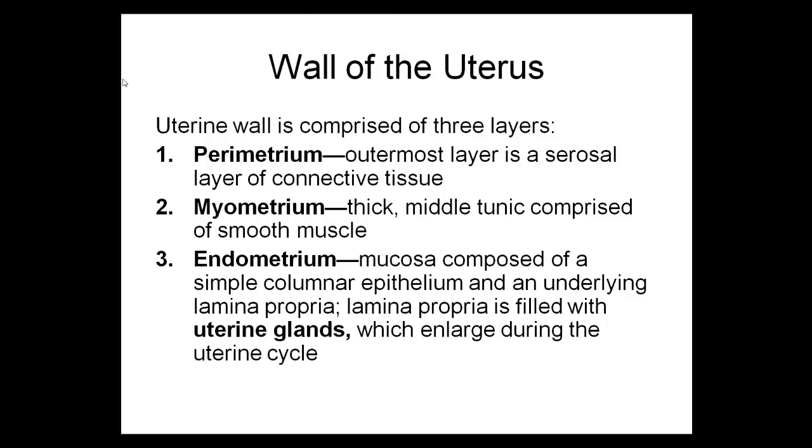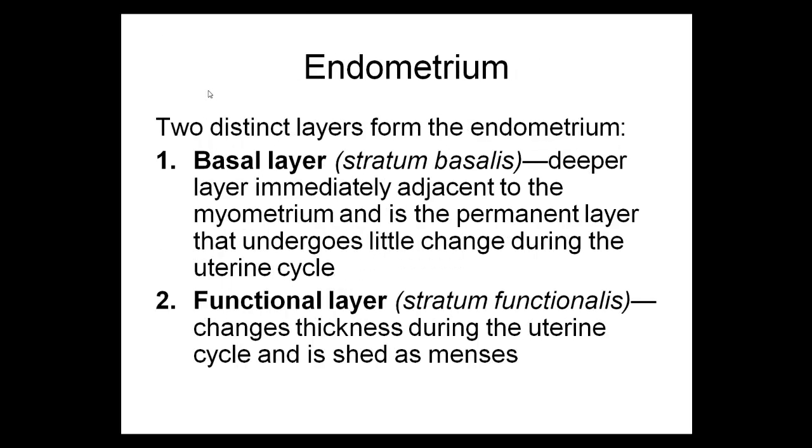That's the part that gets shed. We call that the functional layer, or stratum functional. So of the endometrium, we have two separate layers. One of them is the basal layer, that will be stratum basal, and the other one is the stratum functional, that as you can see here, gets shed.